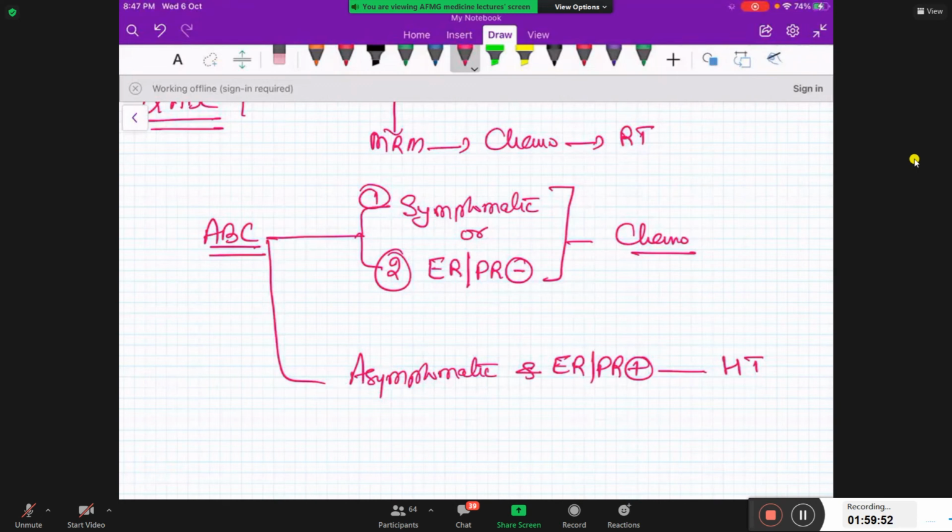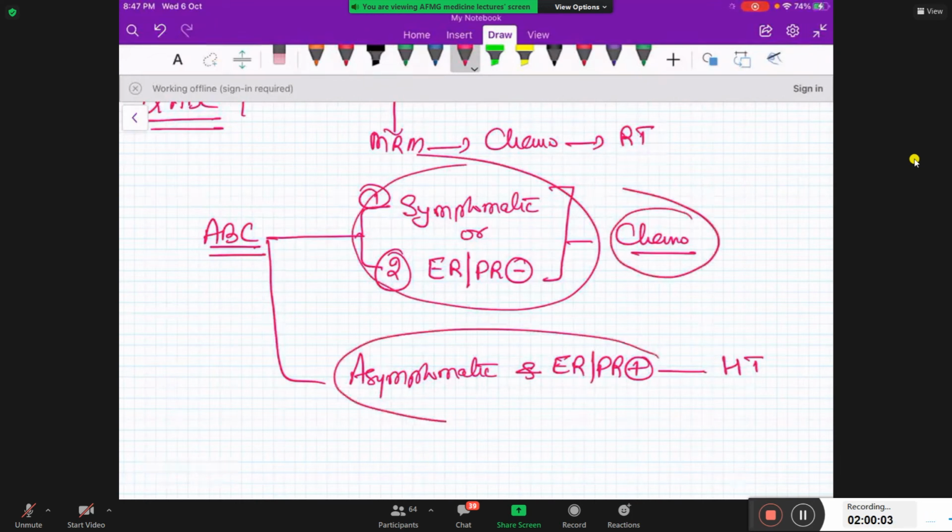So in case of carcinoma breast, in stage 4 disease, once the patient is symptomatic or ER, PR negative, we will just give chemotherapy. If the patient is asymptomatic and ER, PR positive, we will just give hormone therapy.